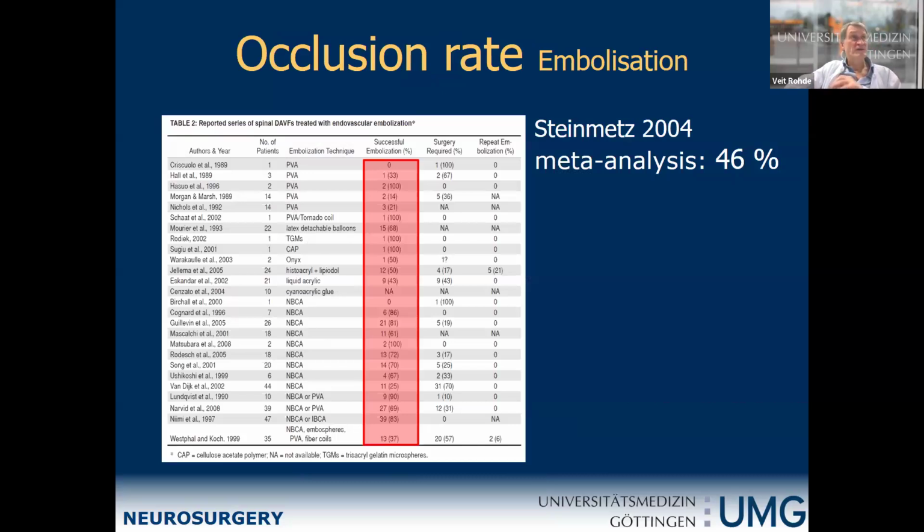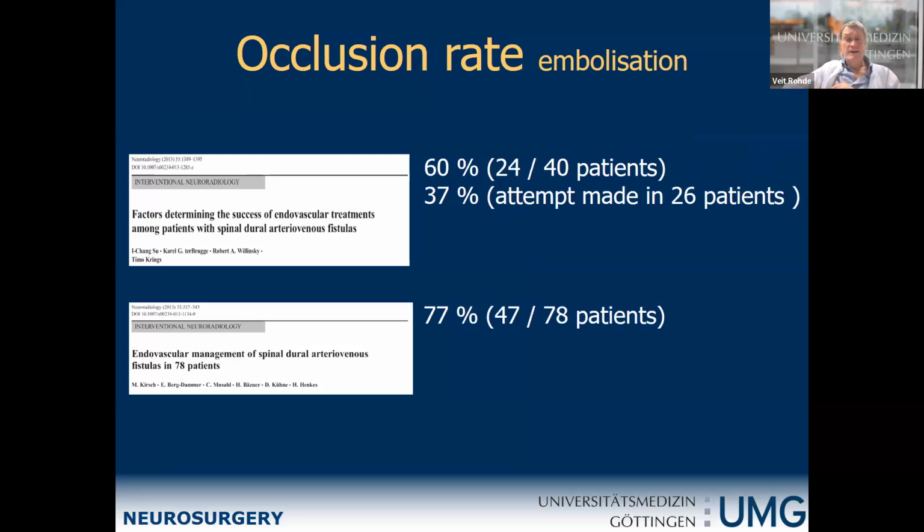There are several studies dealing with the occlusion rate of embolization. This is an older study from 2004. It's a meta-analysis, and in this meta-analysis, the occlusion rate was less than 50% over the years. Obviously, these bad figures improved, but they are far from being good.